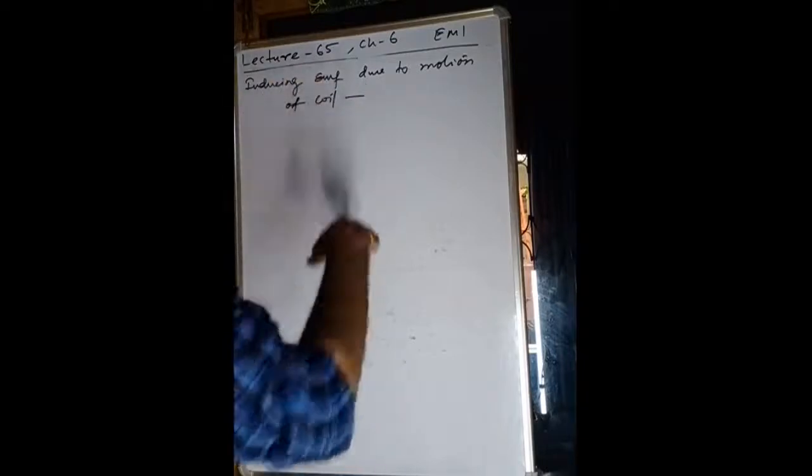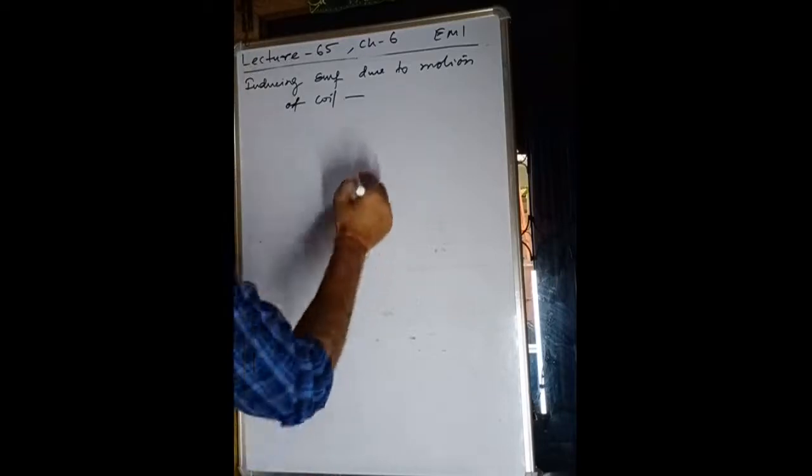Alright. Remember, I'm not going to deal here with the motional EMF, my dear students, but only using Lenz's law we are going to find the polarity of the induced EMF. First we will discuss the polarity and then we will discuss the magnitude of the induced EMF by the motional EMF.